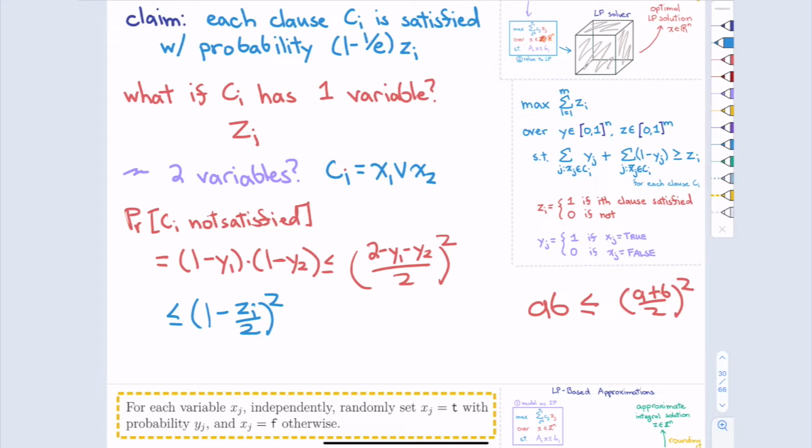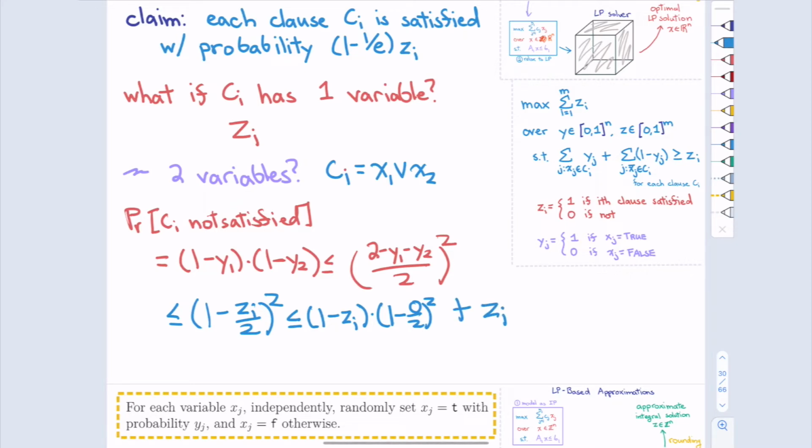Okay. We're going to do the same convexity trick. 1 minus x over 2 squared is a convex function. So this will give us 1 minus, looks like I found more typos, 1 minus zi times the value at 0, 1 minus 0 over 2 squared, plus zi times 1 minus 1 over 2 squared.